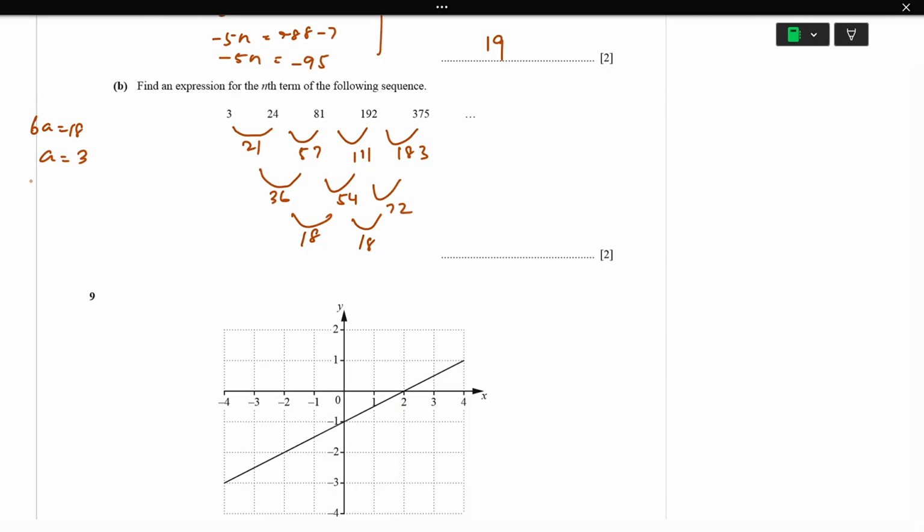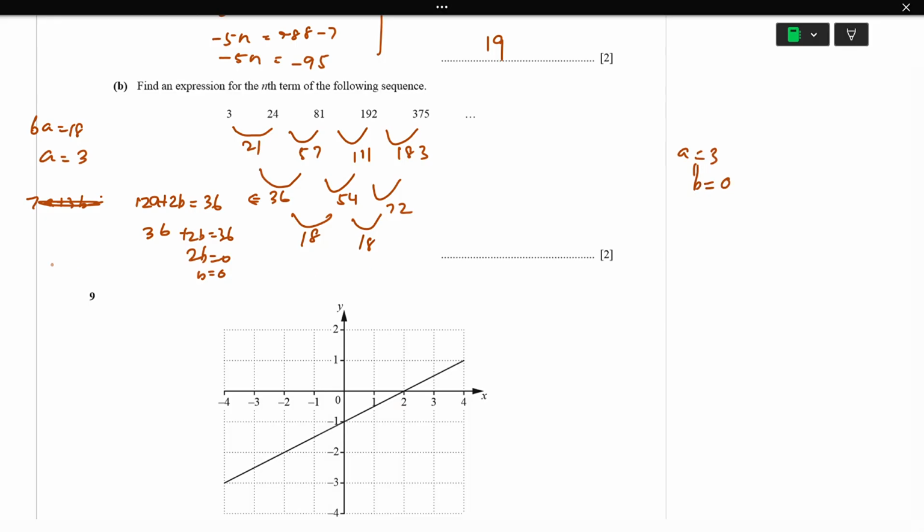Next, the second one, 7a plus 3b, sorry, 12a plus 2b equal to 36. When we substitute a, we get 36 plus 2b equal to 36. So 2b equal to 0, so b equal to 0. So a we got 3, b we got 0.